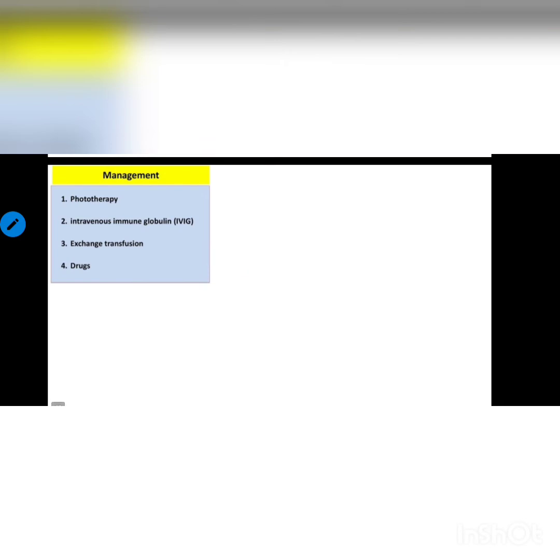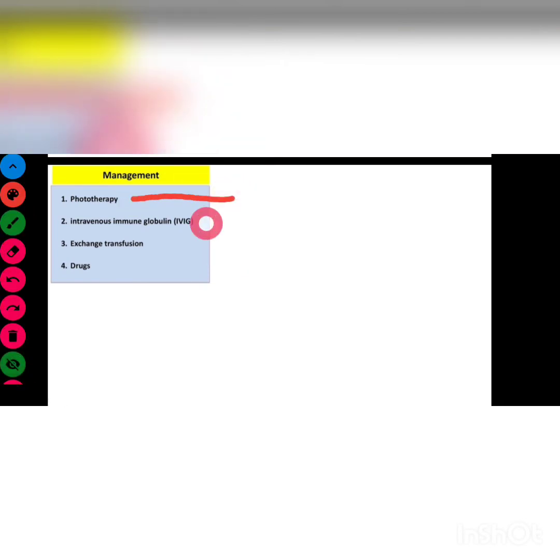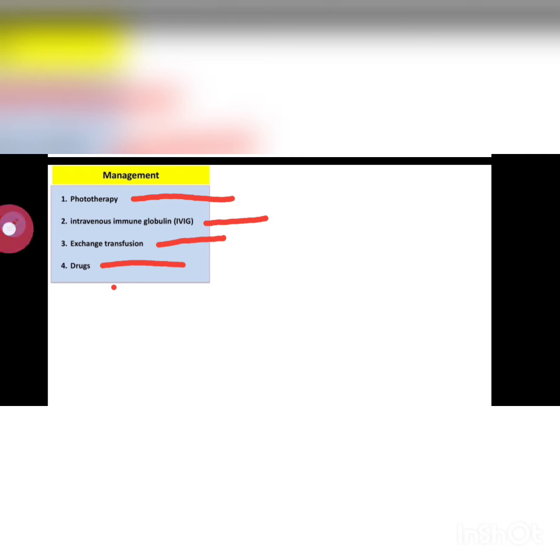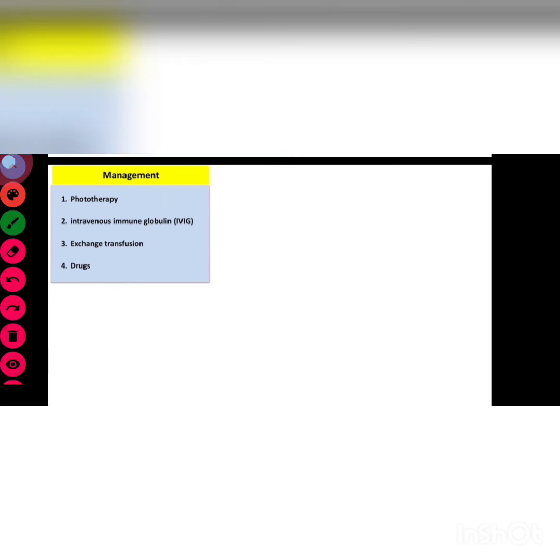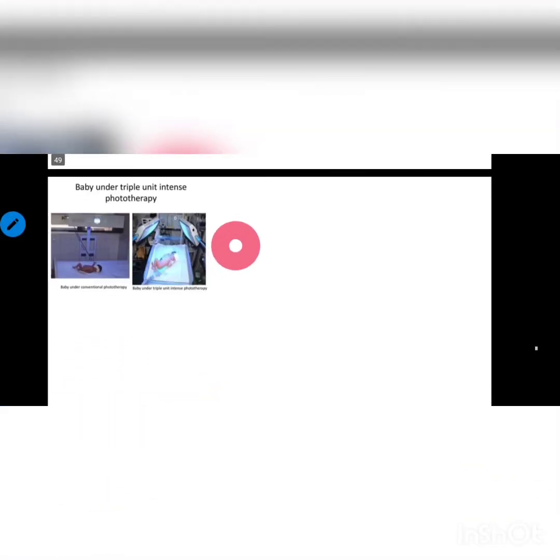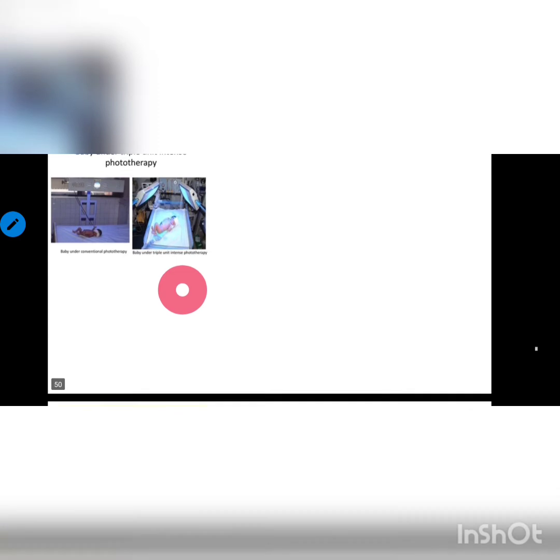So the management: we have phototherapy, intravenous immune globulin, exchange transfusion, then drugs. You can see the baby under triple unit intense phototherapy here, the baby under conventional phototherapy, and the baby under triple unit intense phototherapy.